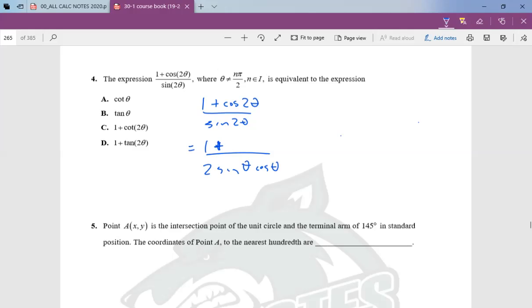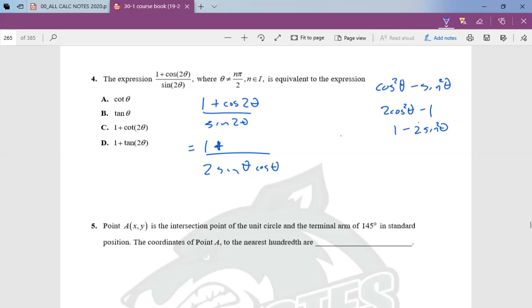Perhaps that's going to give us some direction about which manifestation of cosine double angle we're going to use. Again, we could use cos squared minus sine squared theta, we could use 2 cos squared theta minus 1, or we could use 1 minus 2 sine squared theta.